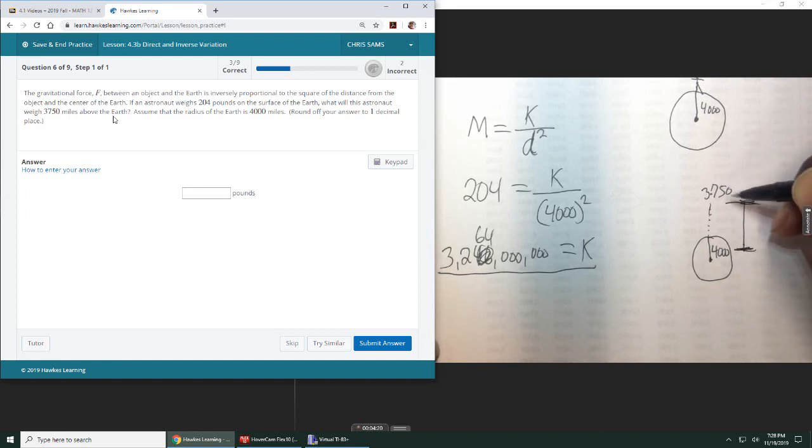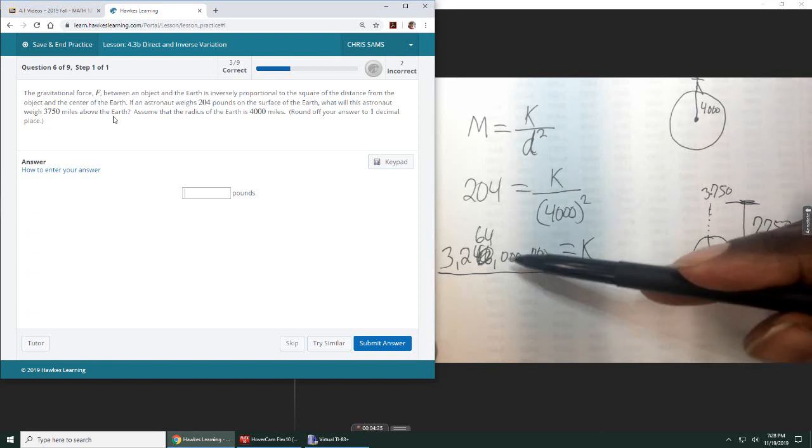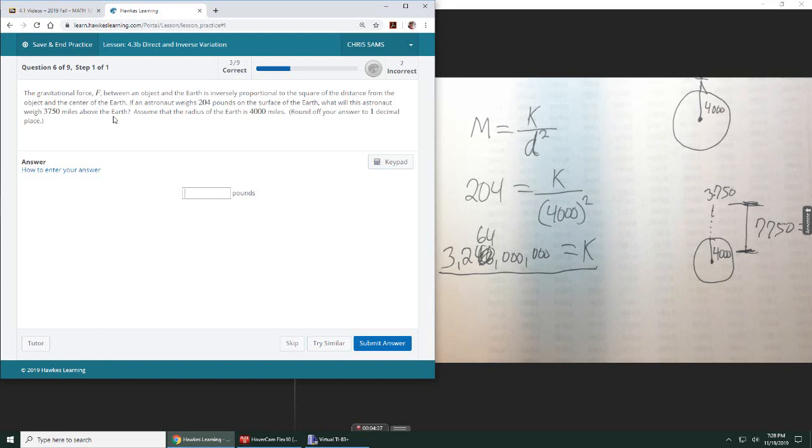I need to find out this distance. So this whole distance is 7,750. So that will be his distance. This is D now. And his mass, we don't know, but we do know K. So we're going to input this information.